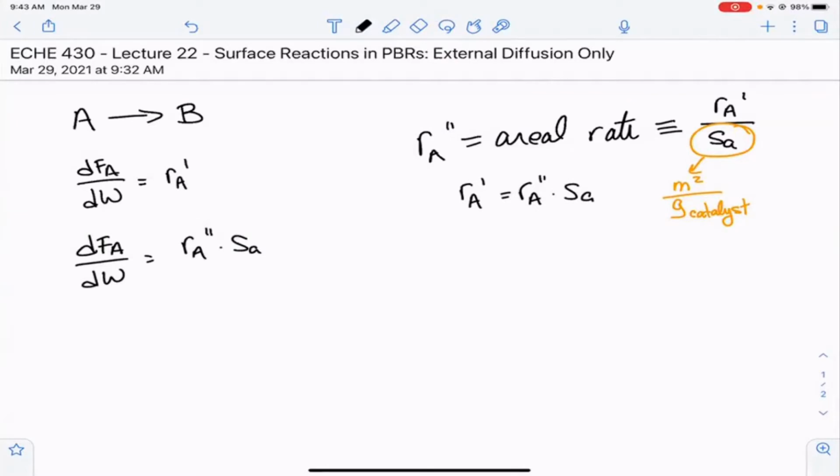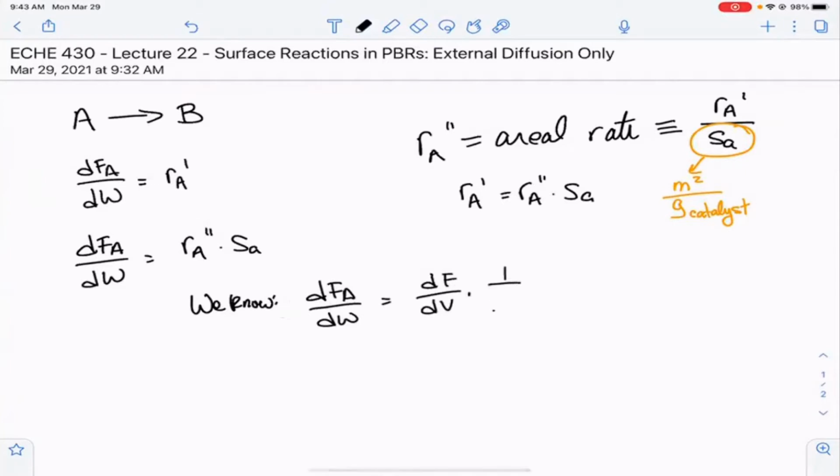Now, we also know from our derivation when we were trying to get to this equation to begin with, that, to keep this organized, dF_A/dW is equal to dF_A/dV times 1 over this thing that we called rho_B, which was just the mass of the catalyst divided by the volume of our reactor.